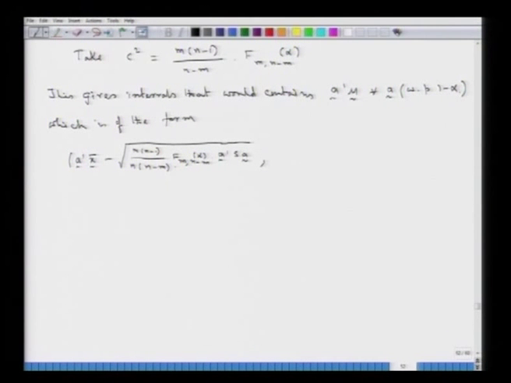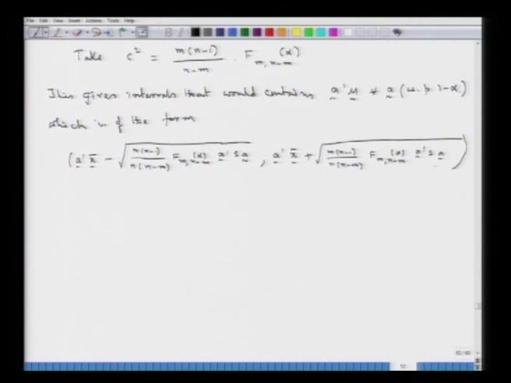This is the lower confidence limit for that particular a prime mu, and the upper limit is a prime x bar plus the same quantity out here, which is m into n minus 1 divided by n into n minus m, F(m, n minus m, alpha), a prime S a.